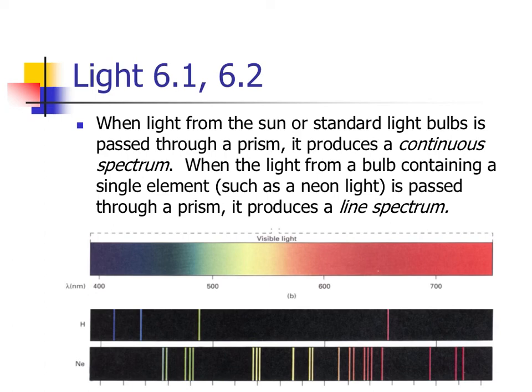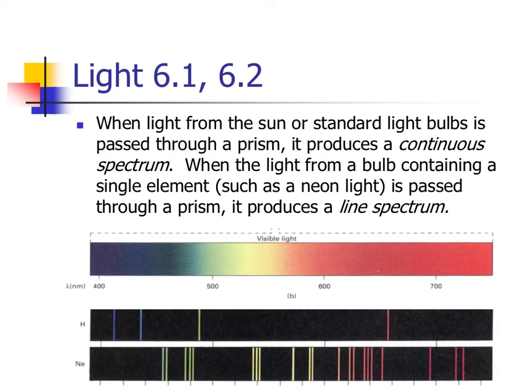Now, we are going to eventually talk about those lines, which again are at certain wavelengths. Because they move at the speed of light, you could tell the frequency. The frequency allows us to understand the energy that those lines have associated with them. You can see some of these lines if you have a spectrometer, where you look at different light bulbs.